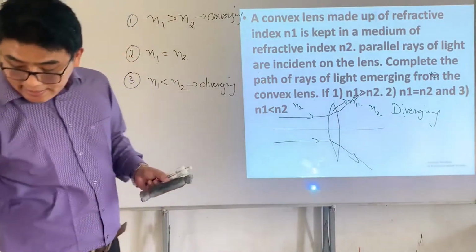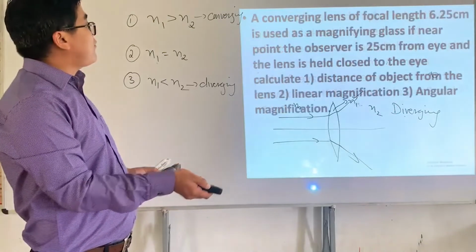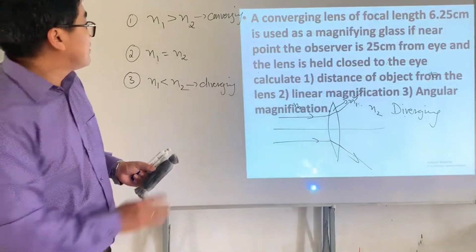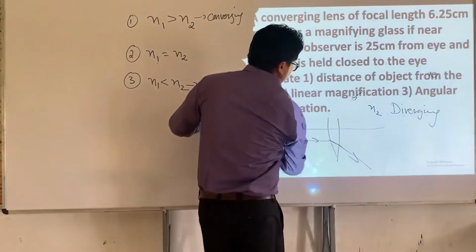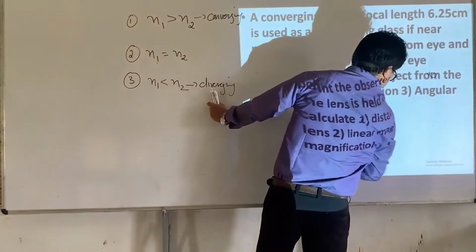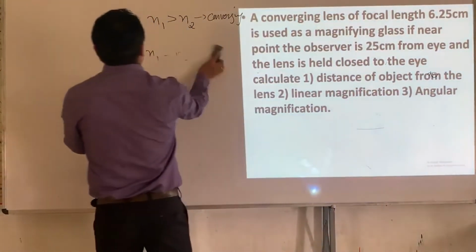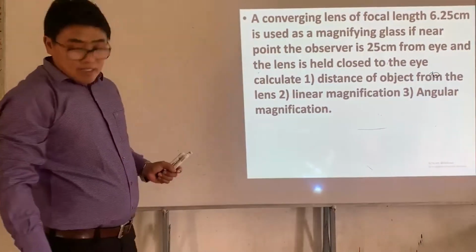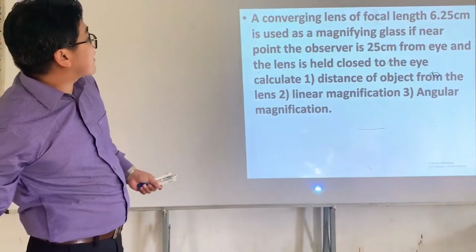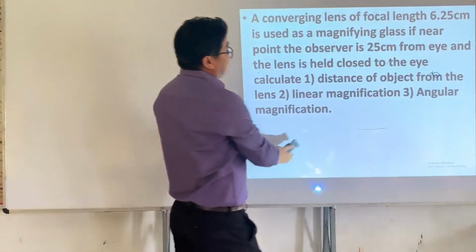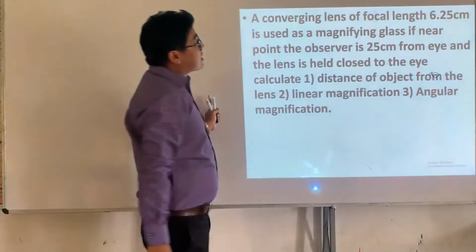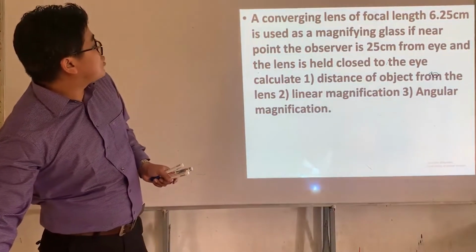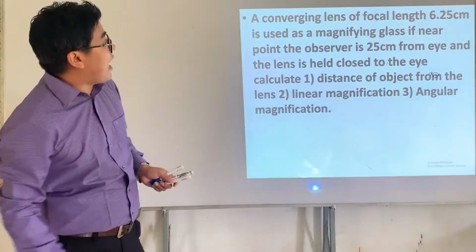Now, the next problem I have is this. The problem says that a converging lens of focal length 6.25 centimeter is used as a magnifying glass.